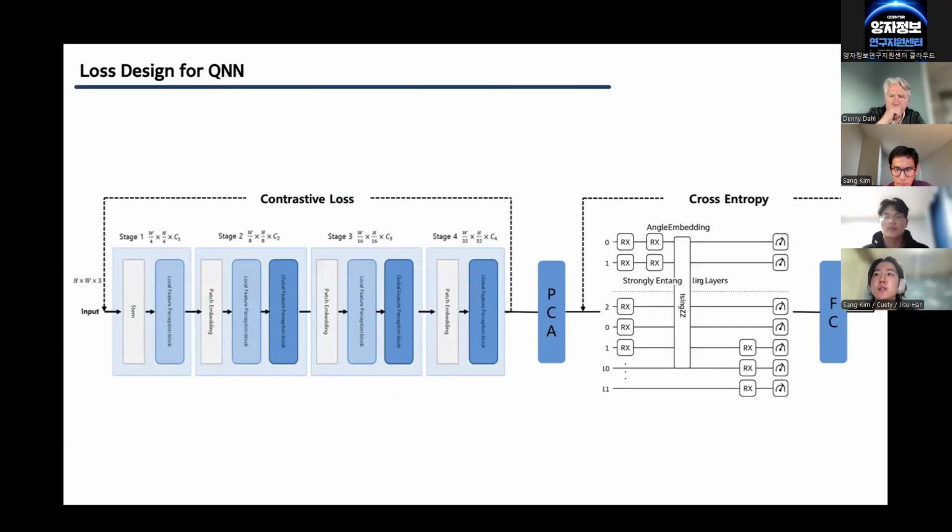The loss design follows a similar approach to the one used in our previous proposal. For the vision transformer backbone, we applied contrastive loss to guide the feature extraction. On the other hand, for the quantum circuit branch, we used cross-entropy loss. This setup was intended to train the feature extraction and classification networks separately while still allowing them to be optimized in a coordinated manner.